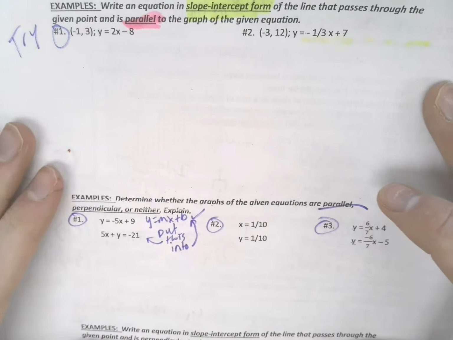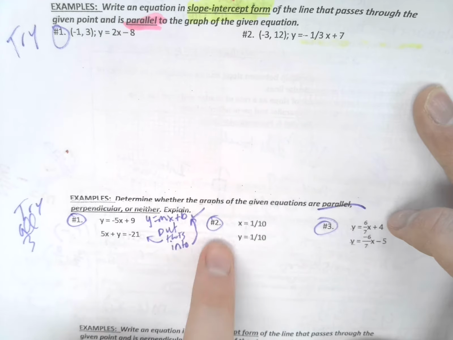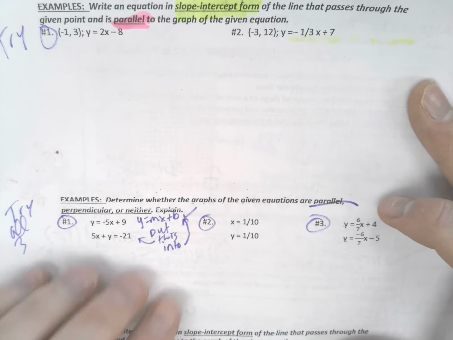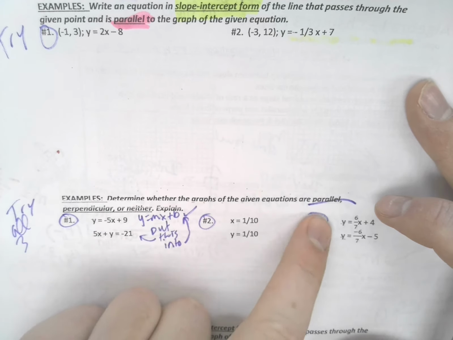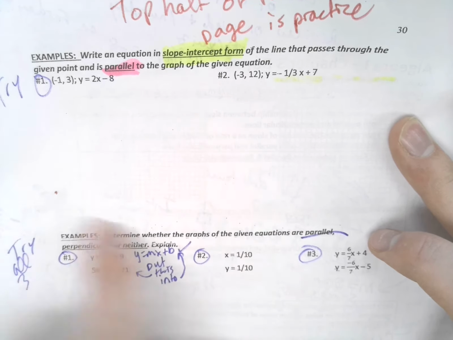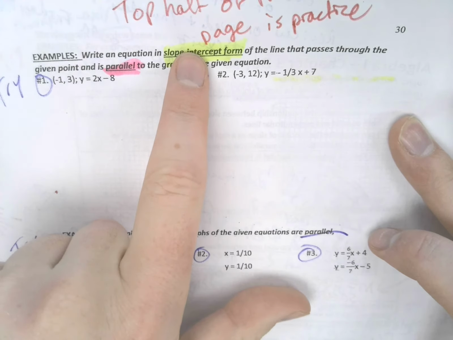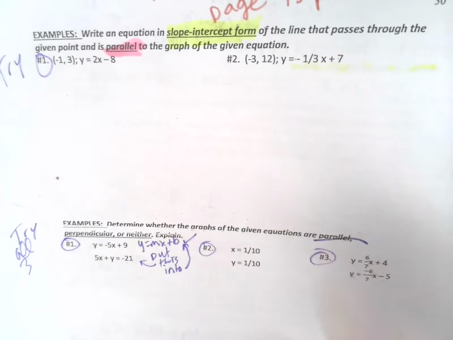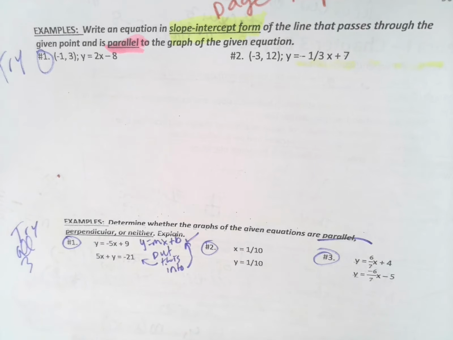So I'm going to let you guys actually try number 1 and then number 1, 2, and 3. And then we'll finish up with some final problems here. Remember, on these, you're just telling me whether the graphs are parallel, perpendicular, or neither. This one, you're going to have to write an equation for our line that is in slope-intercept form, that is parallel, and goes through that point. So go ahead, guys, give me your best shot.